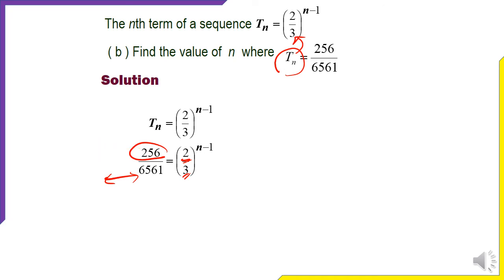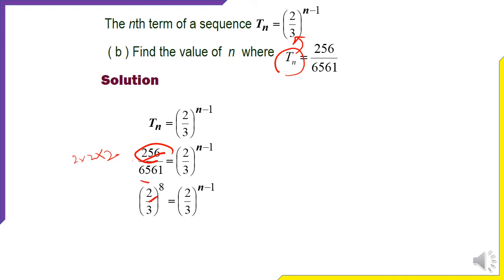You can choose which method you want to use. For this method, I will change this into base 2. We can just try by trial and error using the calculator. 2 multiplied by 2 is 4, 2 multiplied by 2 again, and continue up to 256. So it's actually 2 to the power of 8. And then 6561, you can try, oh, that may be 3 to the power of 8 also.